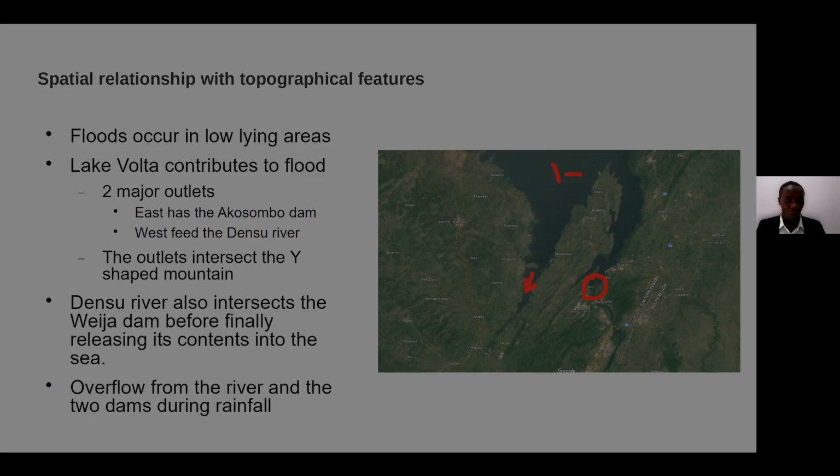And so rainfall from the Lake Volta towards the eastern outlets is controlled at the Wager Dam.